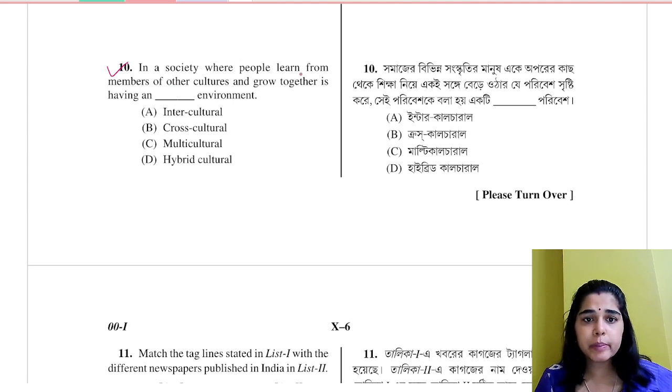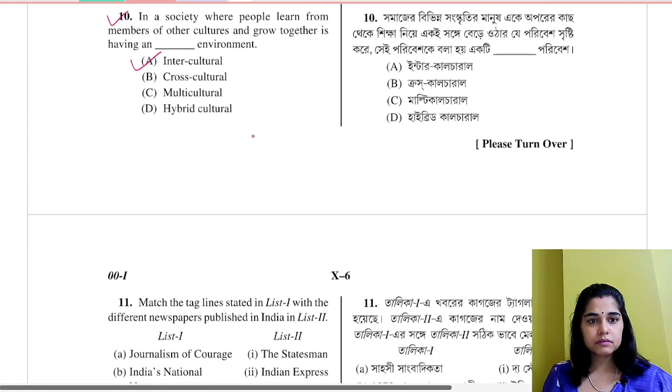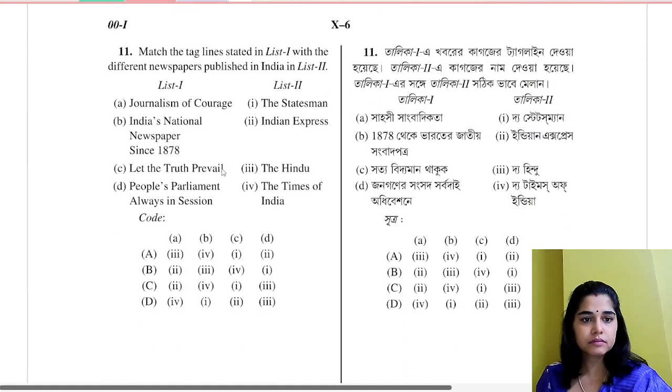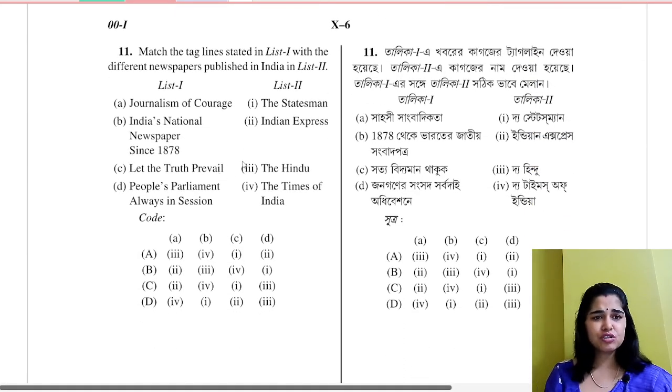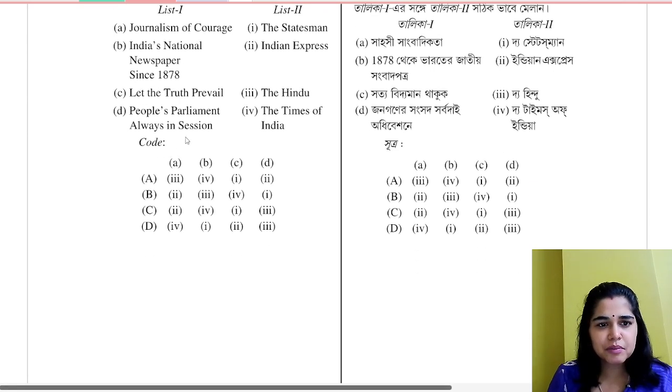In a society where people learn from members of other cultures and grow together in having an... what? The answer will be intercultural environment. You just have to learn. And this is also one static portion. So the answer for this question is B. Why B? Let's see.